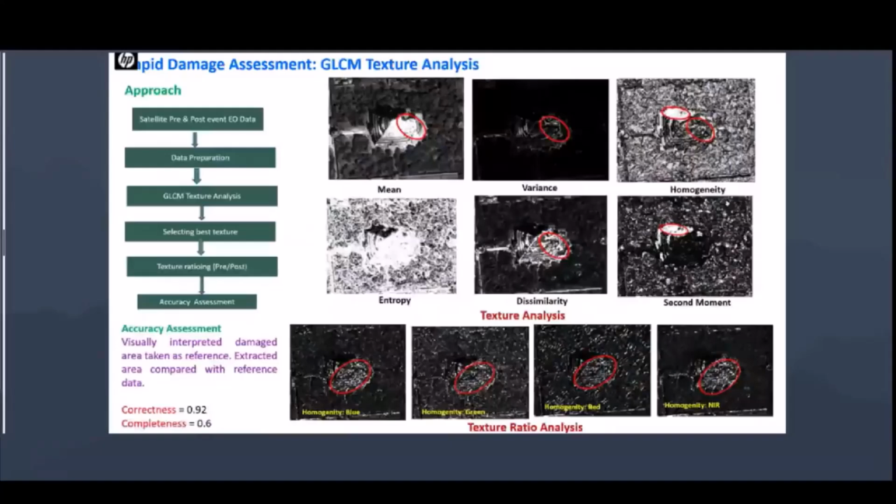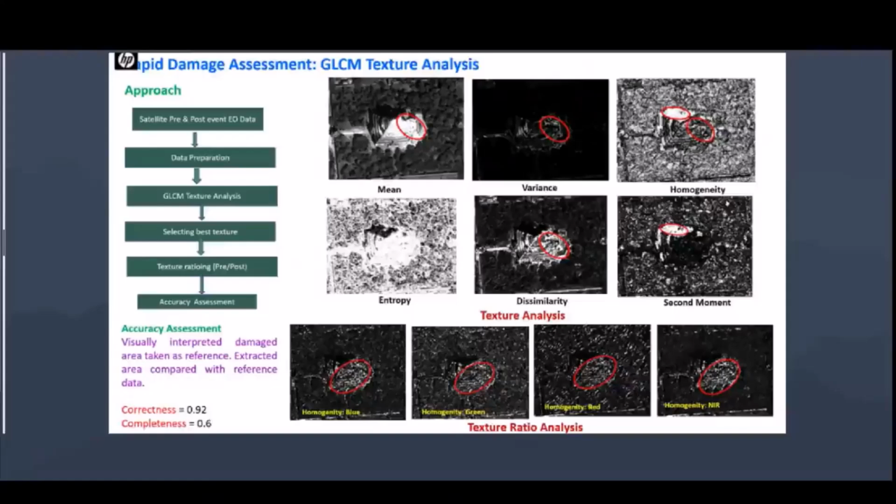Again, you can see we have also used fractals and variograms. All the image processing operations we have utilized, and we tried to find out which application and which algorithm gives better results.